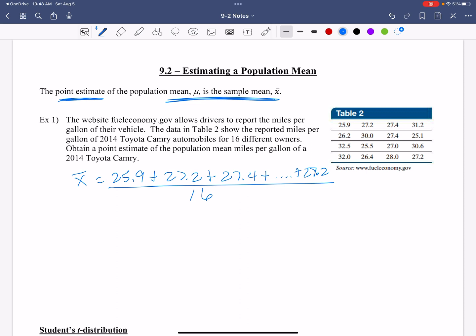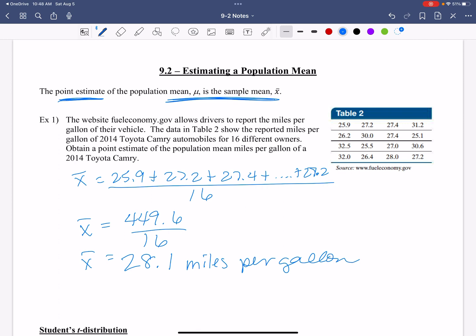What do you get? I'm going to do this top part here and get all those added up. And I come up with 449.6, and I'm going to divide that by 16. How are we doing? 28 point, just go one decimal place will be fine. 28.1 miles per gallon.